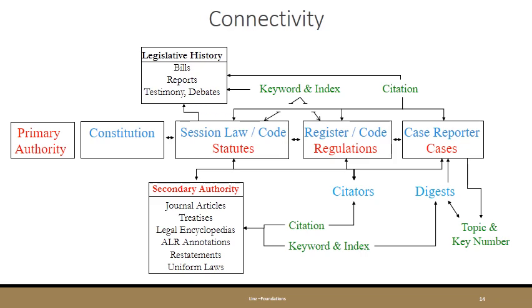We can then use the topic and key number system to find additional cases that cite to and are relevant to that particular case, or we can use a citator to make sure that case is good law and find additional cases from there. So if we work with the connections that are provided through the various legal research resources, we can then solve the big picture of legal research, which is to find all of the legal authority that applies to our problem.